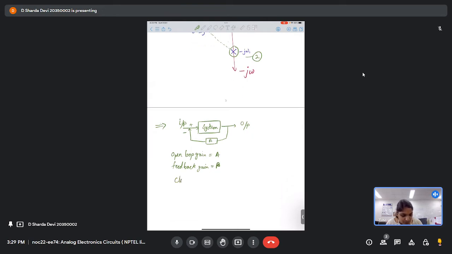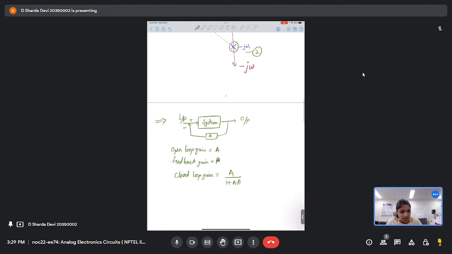then the closed loop gain is A times 1 plus A beta. For the worst case, we have beta equals 1.